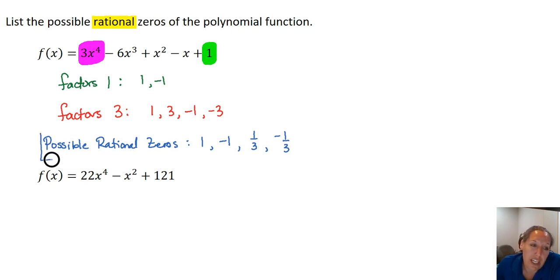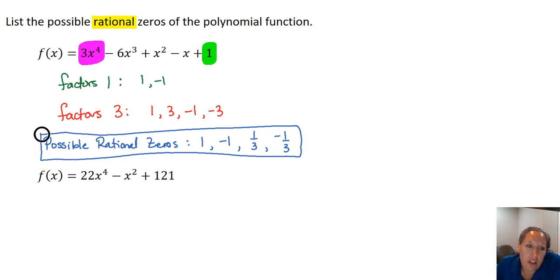And we will use this to determine one of our zeros and try to factor it from there. But this will be our starting point instead of just randomly picking numbers and seeing if they give us a 0 for that function. We've narrowed our list down from every possible rational number to these 4.